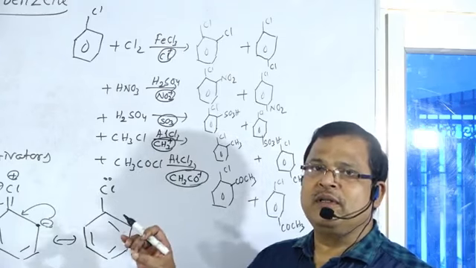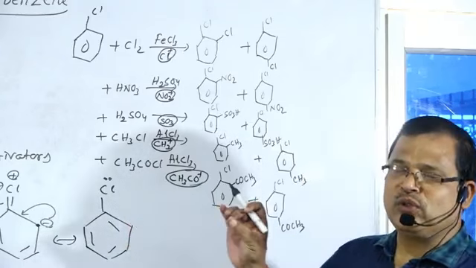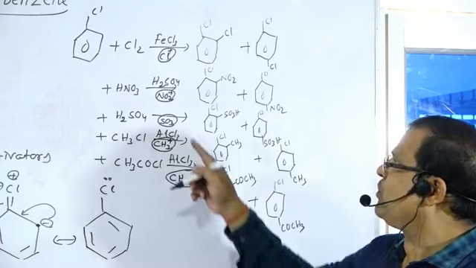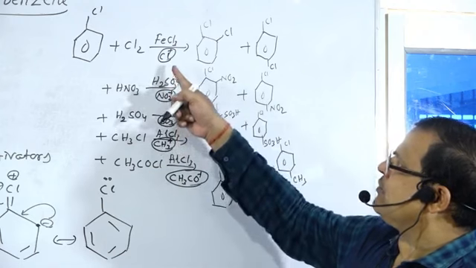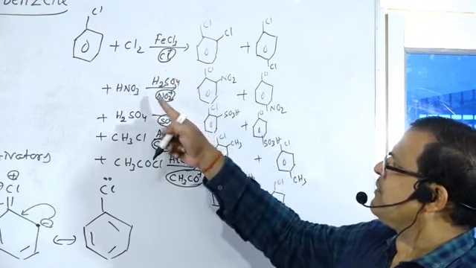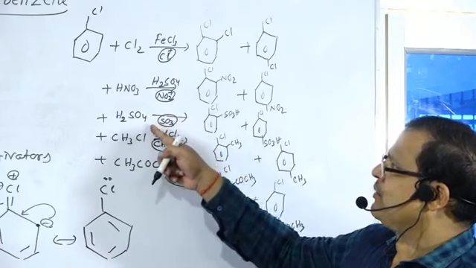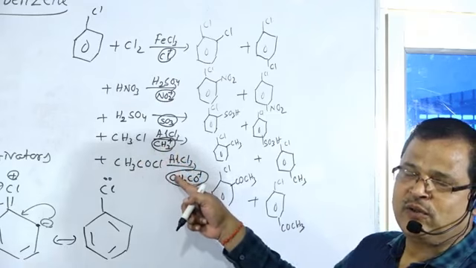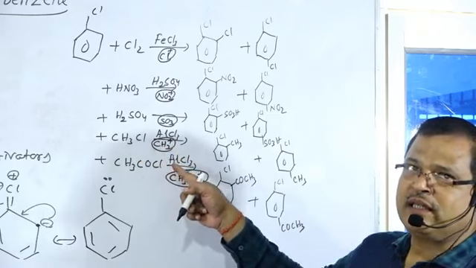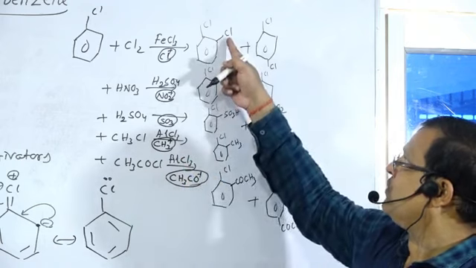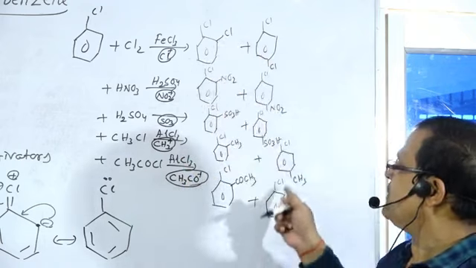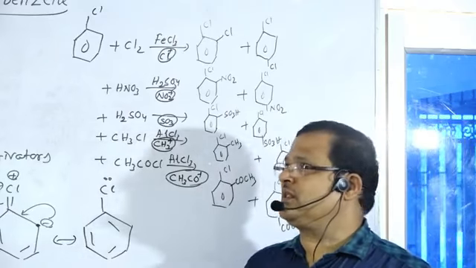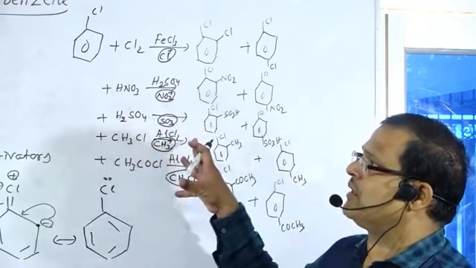Ortho-para directing because of conjugation, resonance takes place and electron density becomes more at ortho and para positions. Therefore the electrophiles Cl plus in chlorination, NO2 plus in nitration, SO3 in sulfonation, CH3 plus in Friedel-Crafts alkylation, or CH3CO plus in Friedel-Crafts acylation will get directed to the ortho or para position. In all these cases, the electrophile enters at the ortho and para positions.